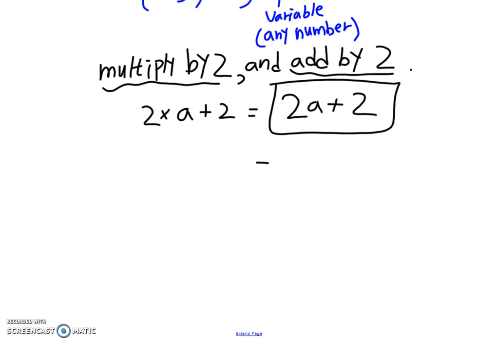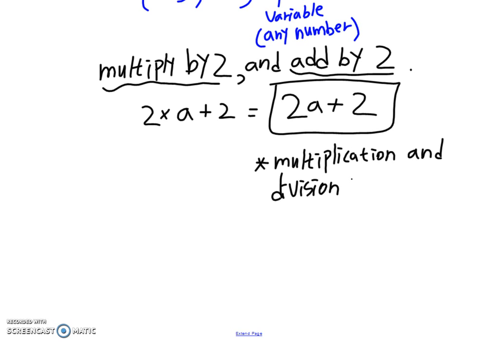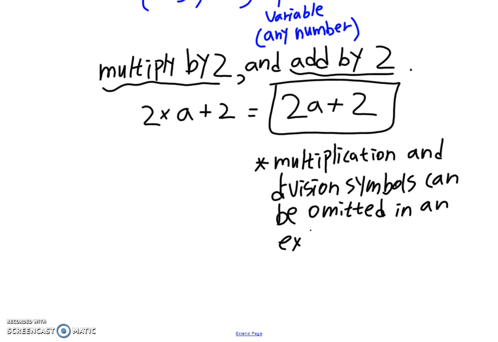There's something that I want to point out in here. Some people who are really sharp, you may notice that I omit showing the multiplication symbol. Well, here's a little rule too. Basically, multiplication and division symbols can be omitted in an expression.